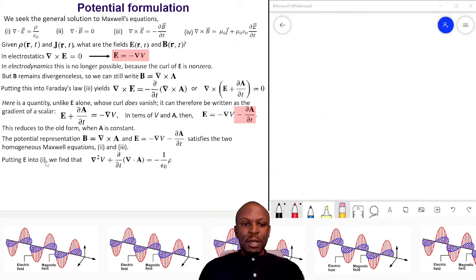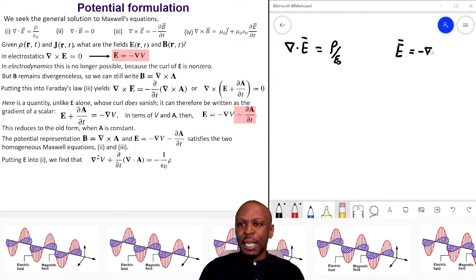Right. Now, putting the electric field into equation 1, because now we know that Maxwell equation 1 gives us the divergence of the electric field. The divergence of the electric field is rho over epsilon naught, and we know what the electric field is in terms of the scalar potential and then in terms of the vector potential A. So this is your electric field.